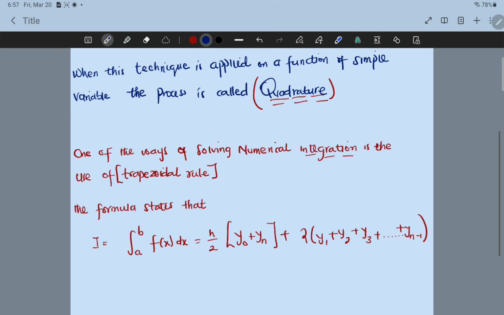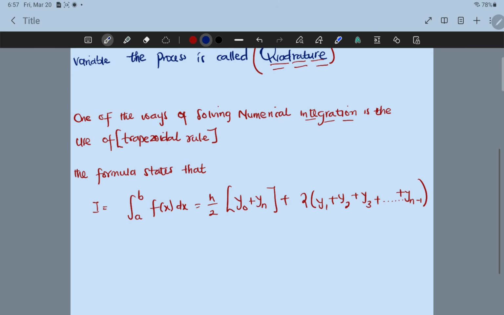And this is the formula that we have: I is equal to the integral from a to b of f(x) dx, which is equal to h over 2 open brackets y0 plus yn plus this.